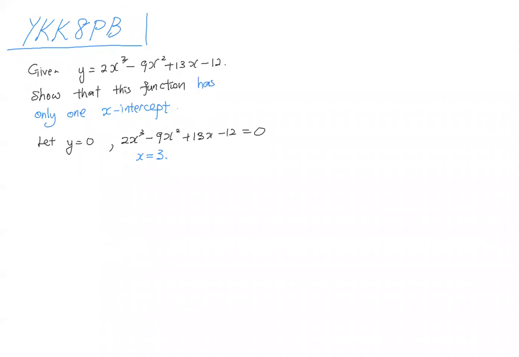So that means if I ask you to show there is only one x-intercept, there is a way to do such a thing. I have to prove that.